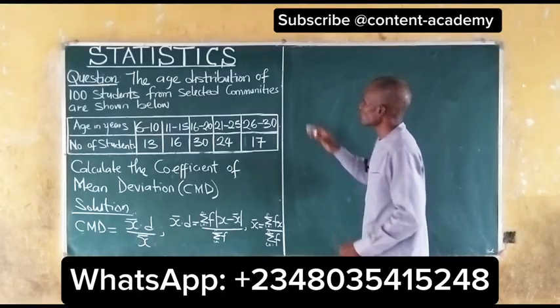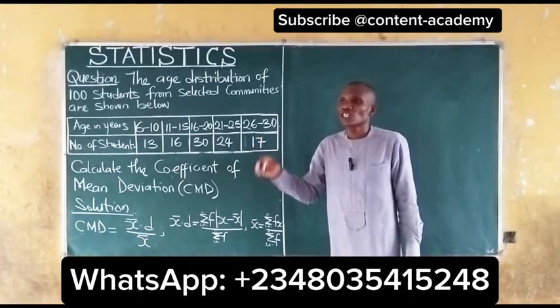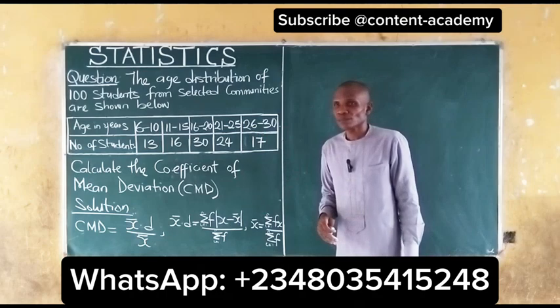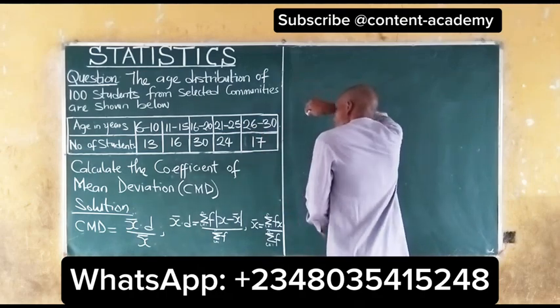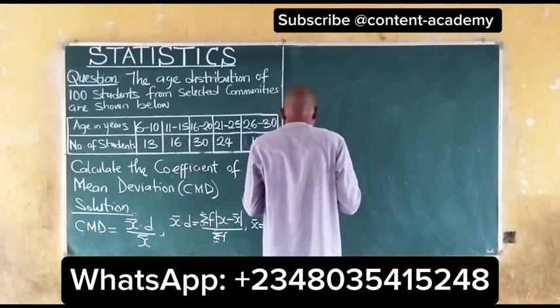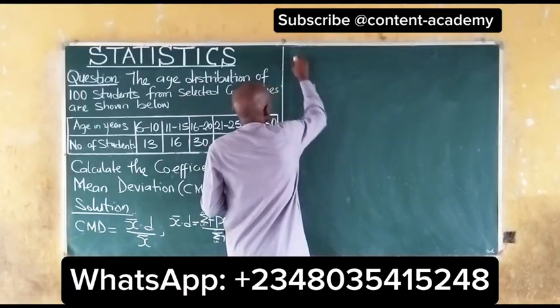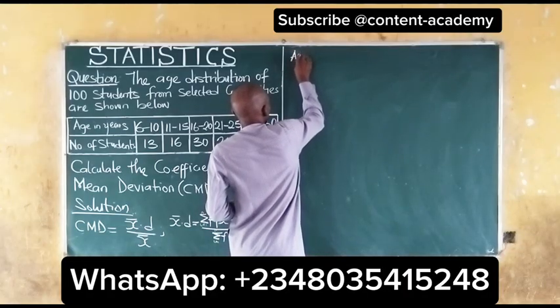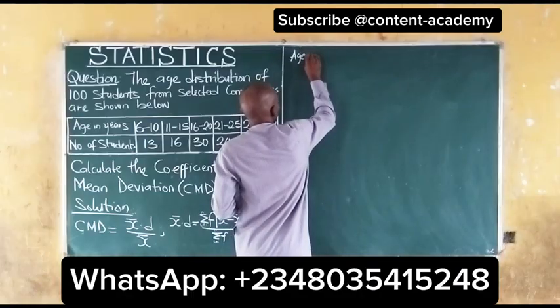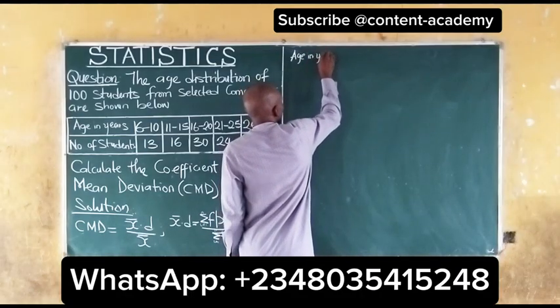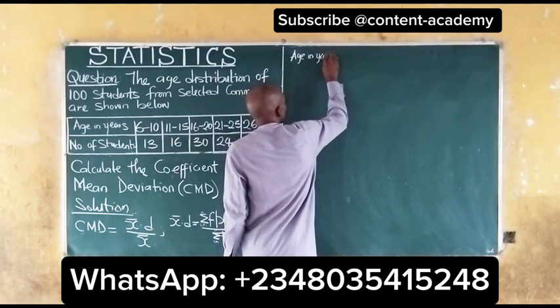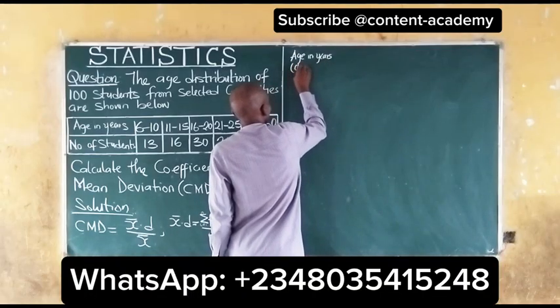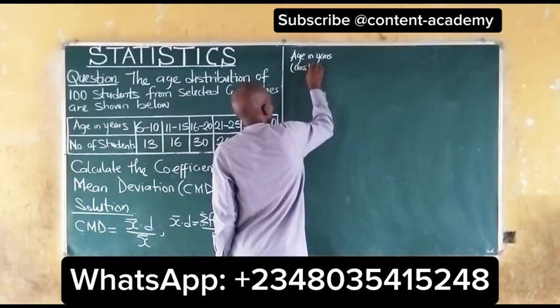The first thing to do when given this type of question is to form the table. So forming the table, we have first age in years as given here, which is our class interval.